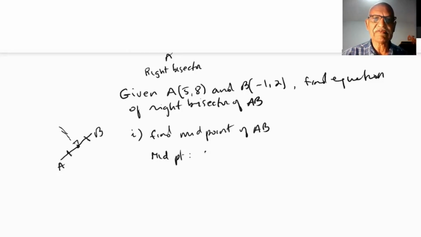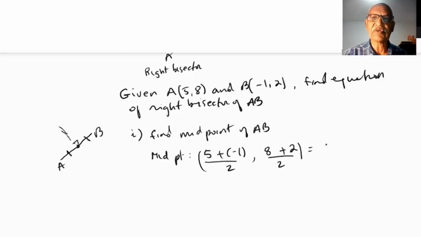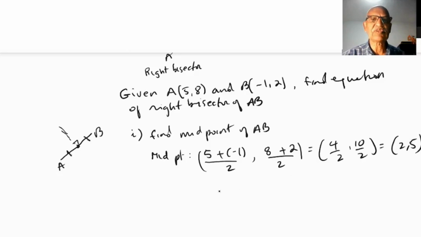So the values of x plus the values of x, and the first y plus the second y, divided by 2. Therefore, 4/2 and 10/2, which is equal to (2, 5). So the midpoint is (2, 5).